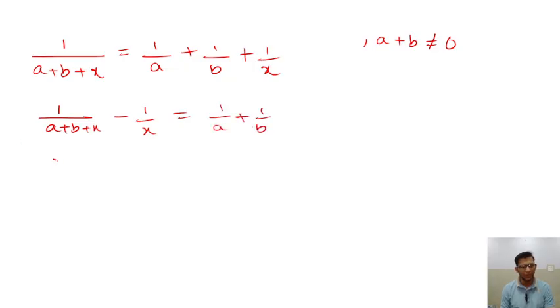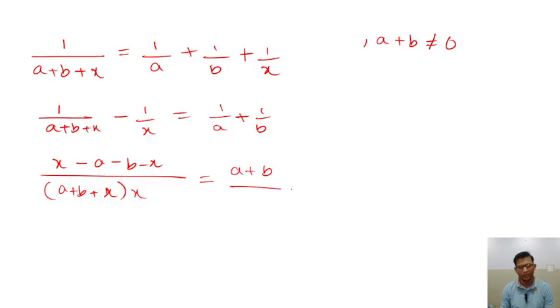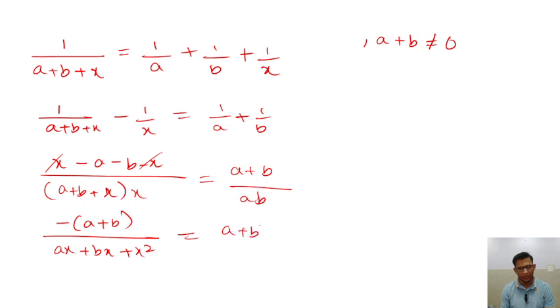Now if you take the LCM, then x minus a minus b minus x on a plus b plus x into x equal to a plus b upon ab. So x and x will cancel out. So on the top it becomes minus of a plus b, and this term becomes ax plus bx plus x square, equal to a plus b upon ab.